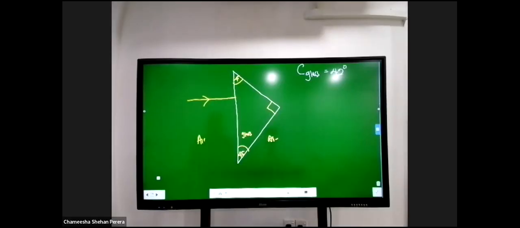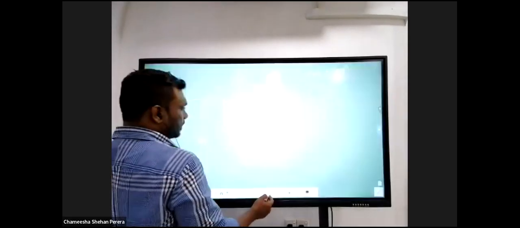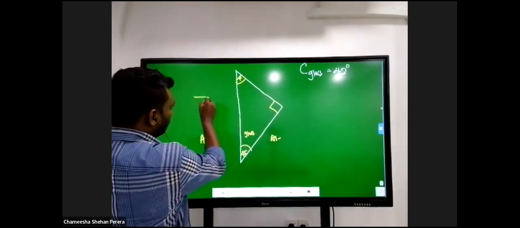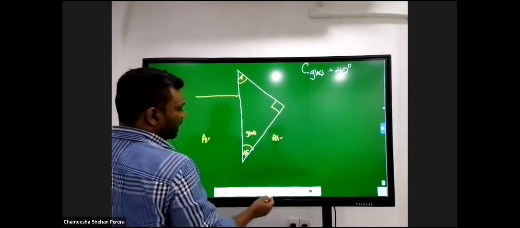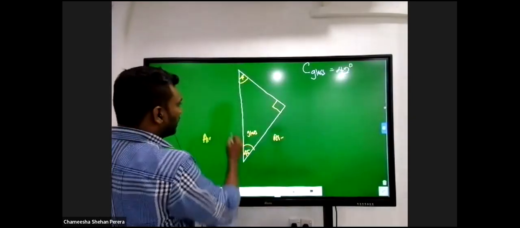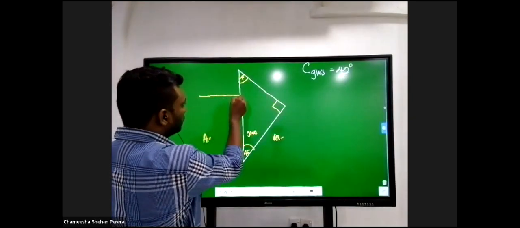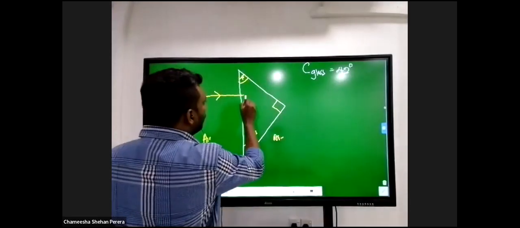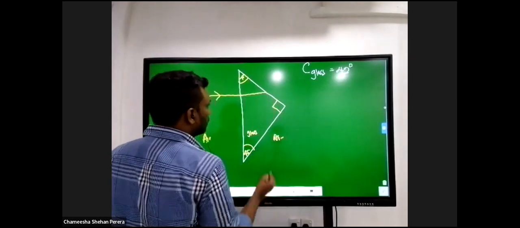How does the light ray touch the interface? With an angle or perpendicularly? Perpendicular. So then would it get refracted or just enter the second medium without refraction? It will enter the second medium without refraction.